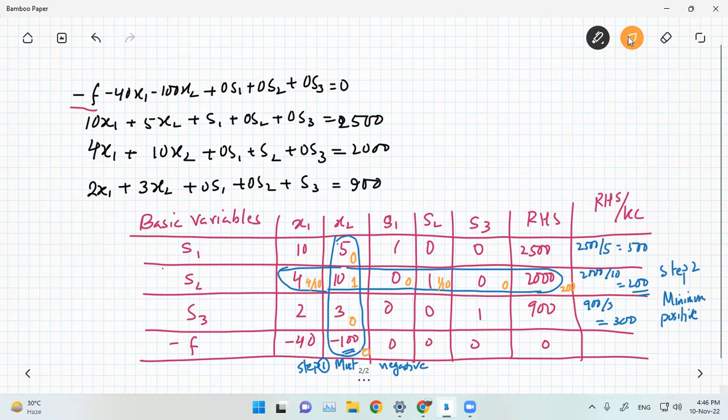So let's form the next table based on this one. If it is helpful, we can consider these to be row 1, row 2, row 3, row 4. It's not necessary, but if you use it, it will be easier to form the next tables and apply the pivot operation.